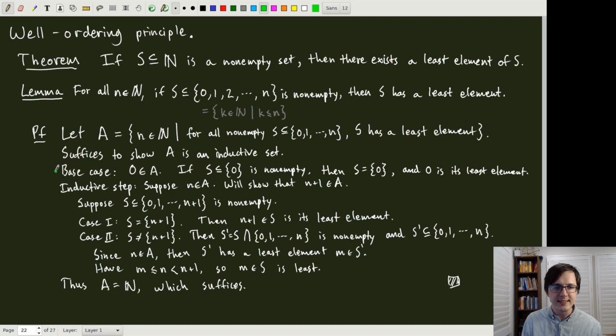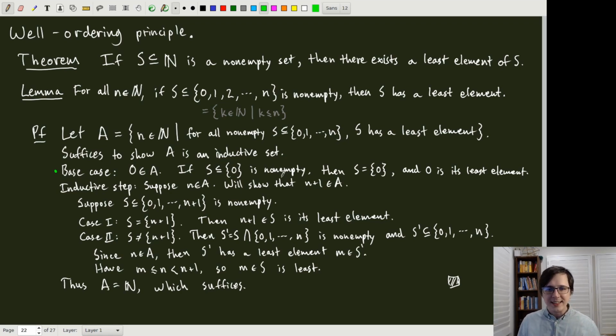The base case is that we want to show 0 is an element. Looking at 0, that's the statement: for all non-empty S in just the set containing only 0, S has a least element. So we're assuming that S is a subset of the set consisting only of 0, and we're assuming it's non-empty.